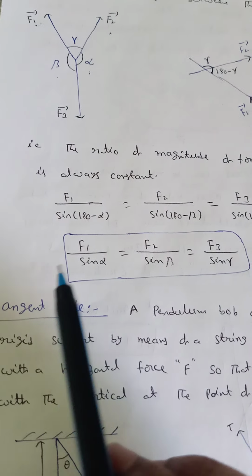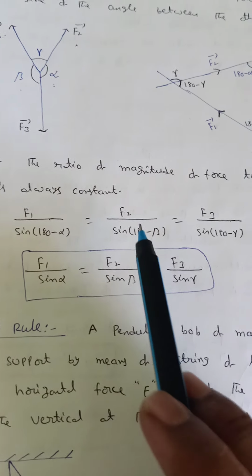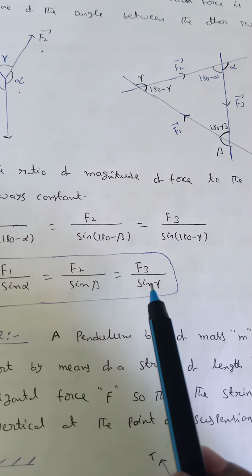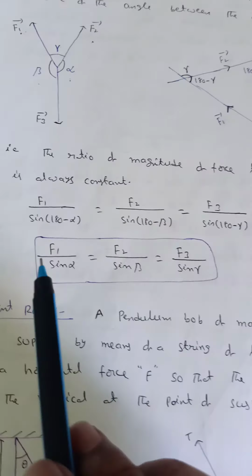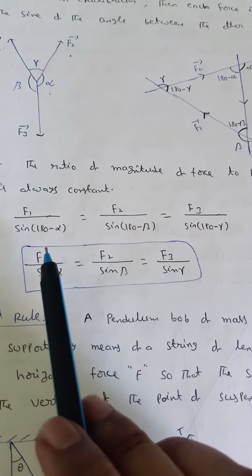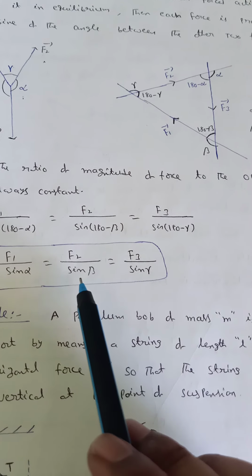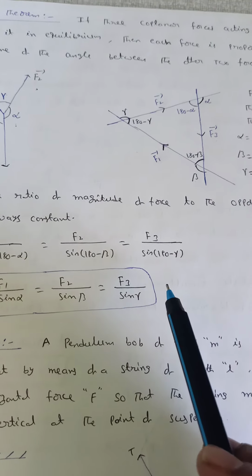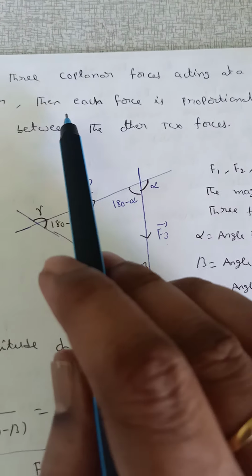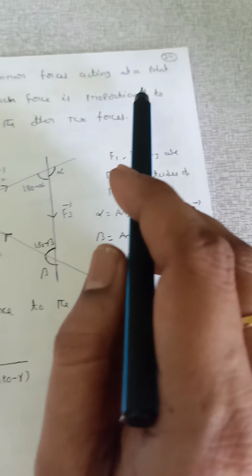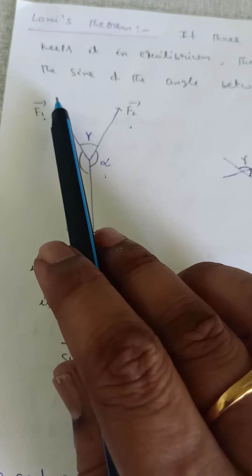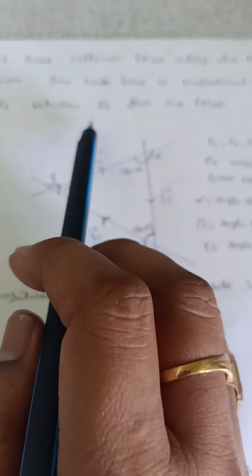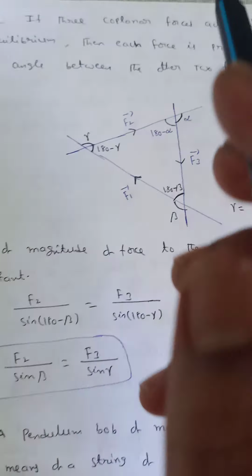Sin(180 minus theta) is always sin theta, so F1 by sin alpha, F2 by sin beta, F3 by sin gamma is always constant. That means F1 is proportional to sin alpha, F2 to sin beta, and F3 to sin gamma. This is the statement: each force is proportional to the sine of the angle between the other two forces.